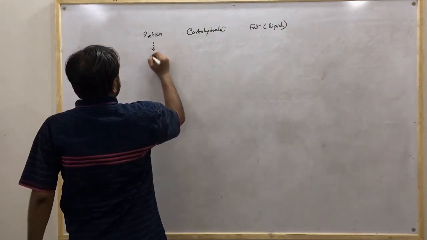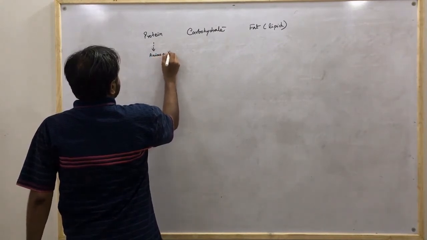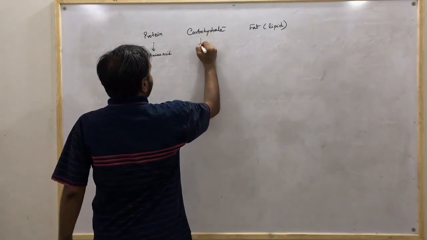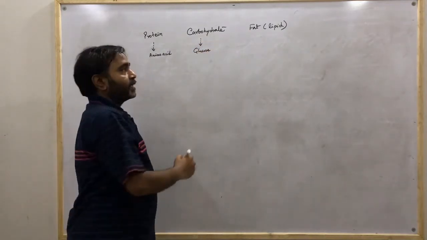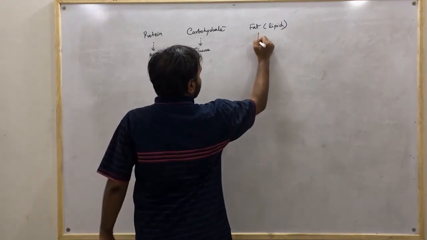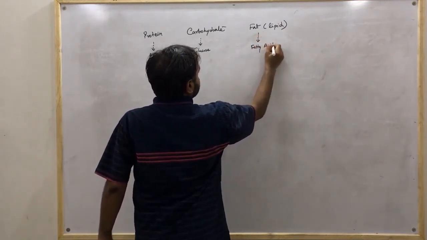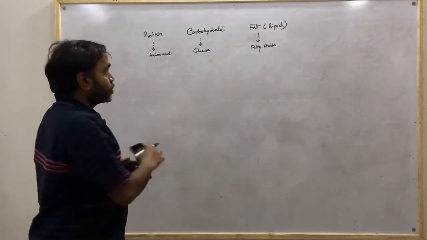Amino acids result during digestion of protein. Likewise, from carbohydrate, glucose results during digestion. Likewise, in the case of fat, fatty acids result during digestion.